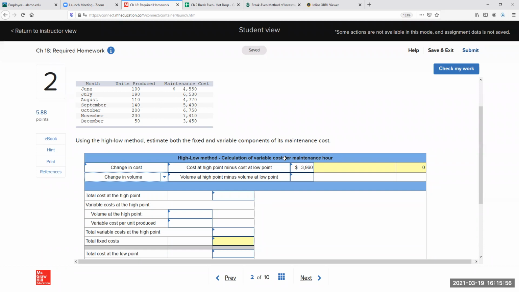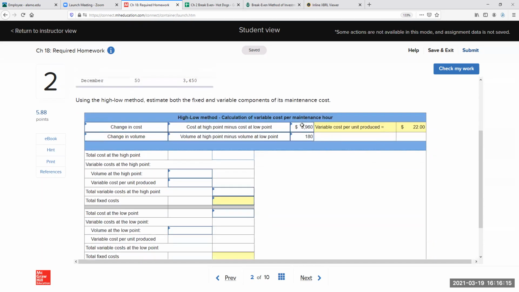I got a different answer, so I better do it again. The highest is 74.10 minus 34.50. So there's my rise in cost. But what was my change in volume? 230 minus 50. So I changed 180. So there's my rise over the run. Okay, so now it's done. The change in cost divided by the change in production is my variable cost.